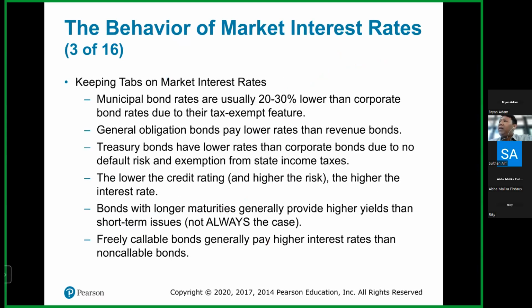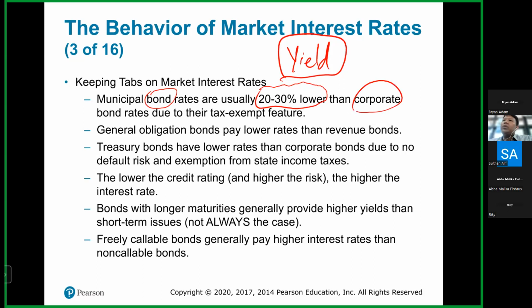Here it says that municipal bond yields are usually 20 to 30% lower than corporate bonds due to their tax-exempt feature. The interest rate on municipal bonds, which are issued by municipal governments, is usually lower than on those issued by corporations. Why? Because bonds issued by municipal governments usually have a feature which gives you tax exemption.